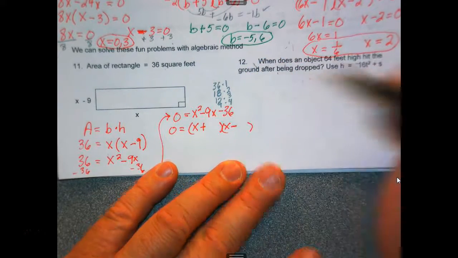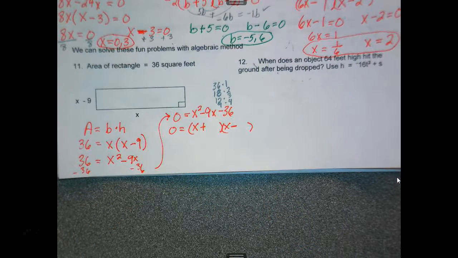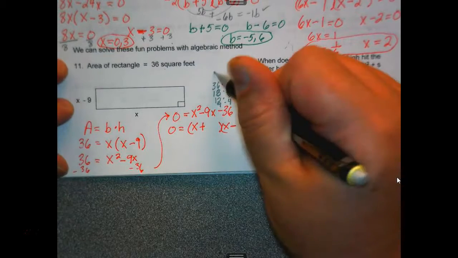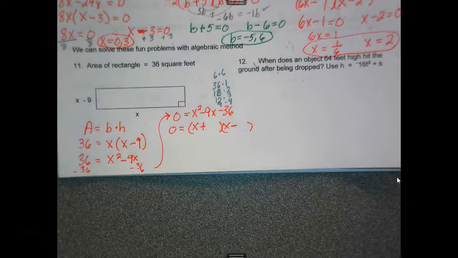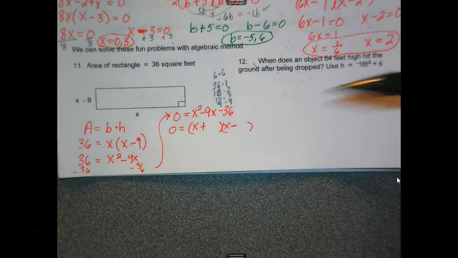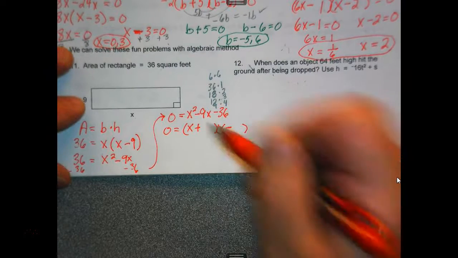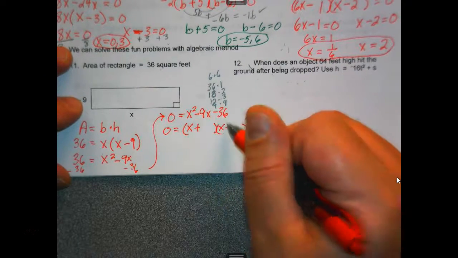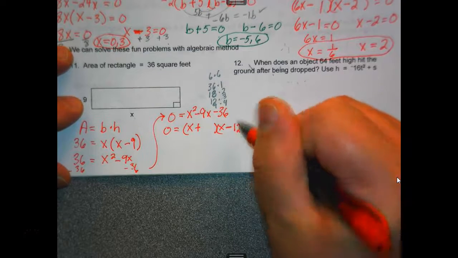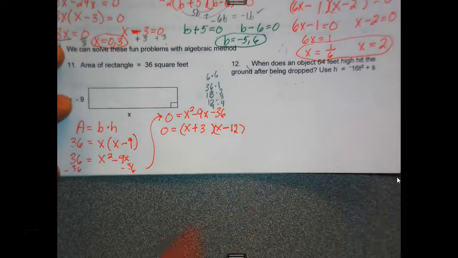Is that all of them? 6 times 6. Which one do you want to use? 12 and 3, because the difference is 9. We want the higher number to be negative, so 12 and 3.